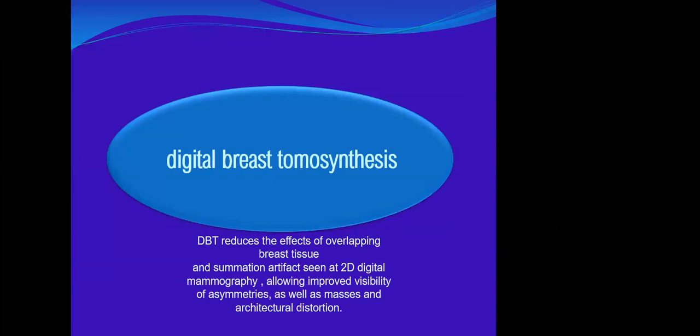Okay, so we finish ultrasound, go to digital breast tomosynthesis. As you know, digital breast tomosynthesis is recently incorporated and proven very helpful, improving both sensitivity as well as specificity. It improves the visibility of asymmetries and its characterization.